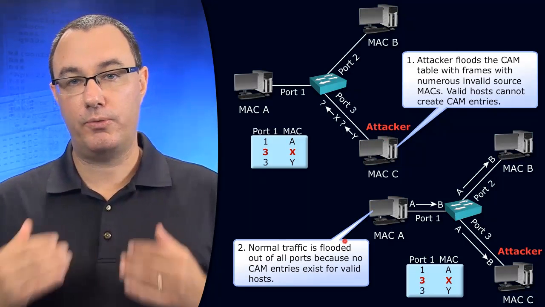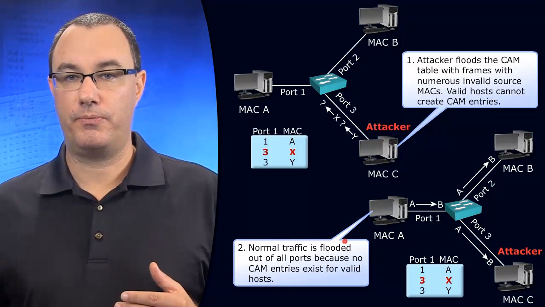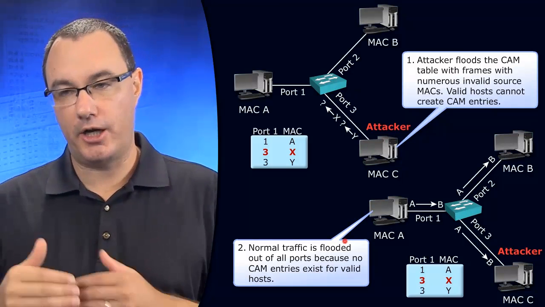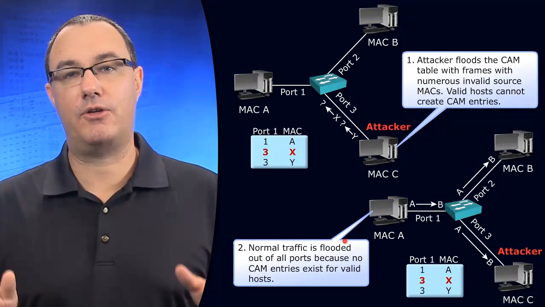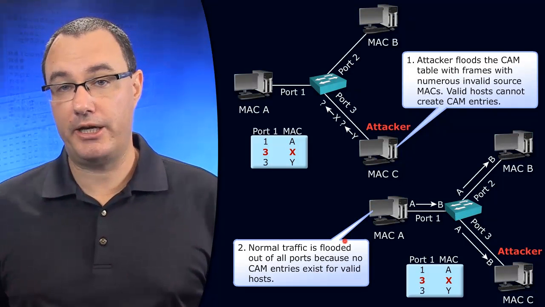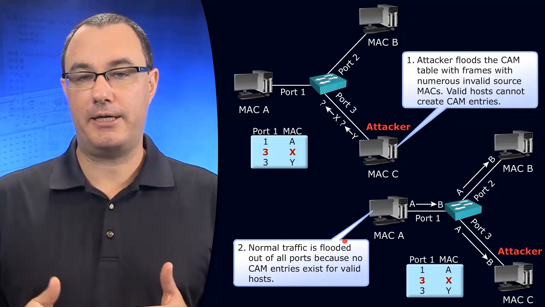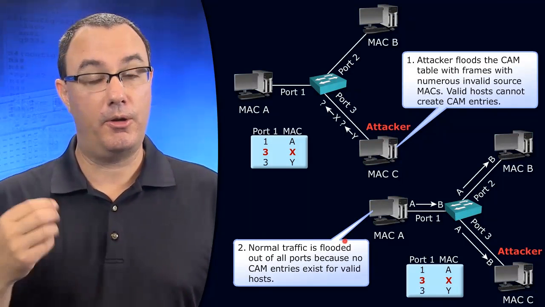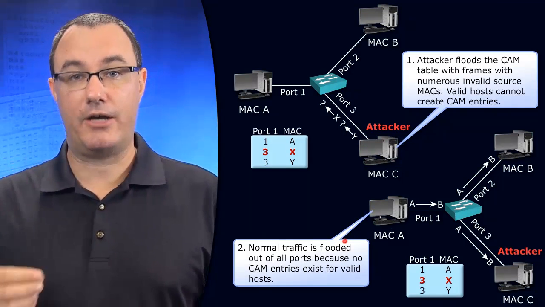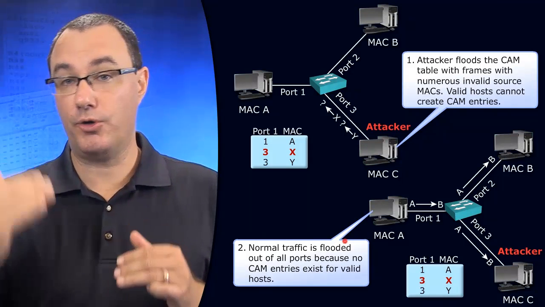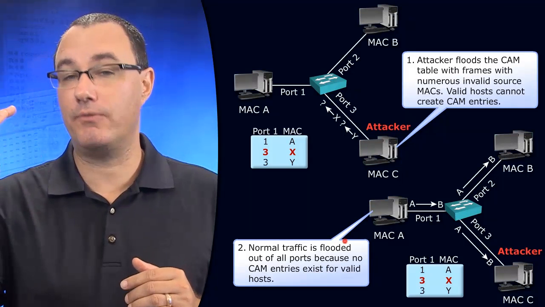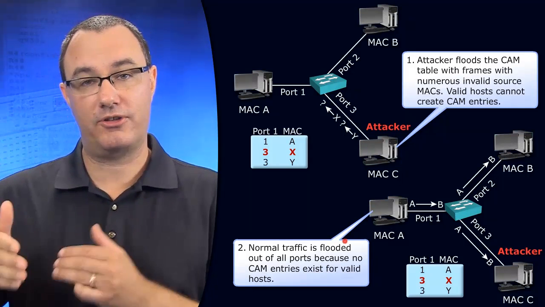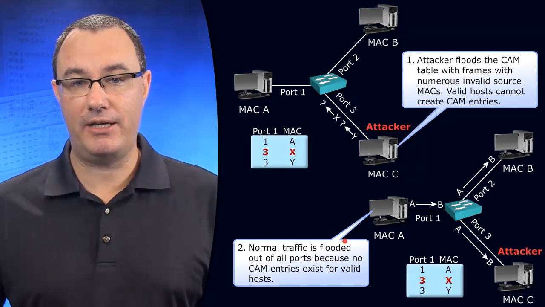Because what a switch will revert to is closer to a hub-like behavior, where a hub, bits come in and they fan out to all the other ports. With a switch, frames come in, and if the destination MAC address is unknown, as if it's a multicast, broadcast, or we haven't heard from it yet, or we don't have room to store it, it'll flood to all ports except the port that it came in on that VLAN.